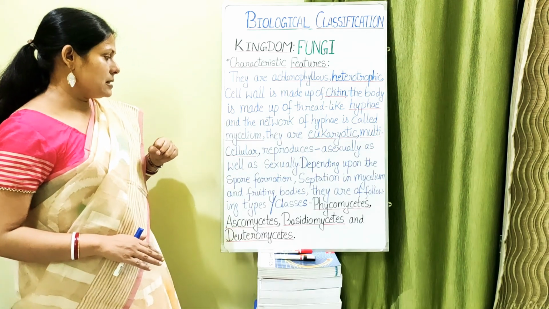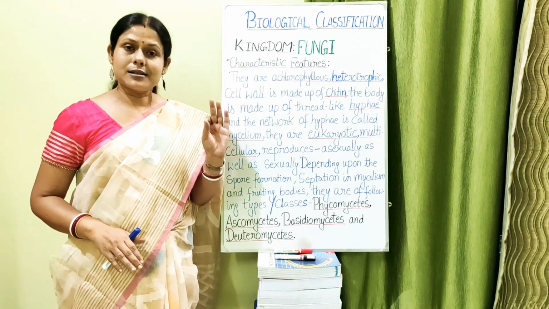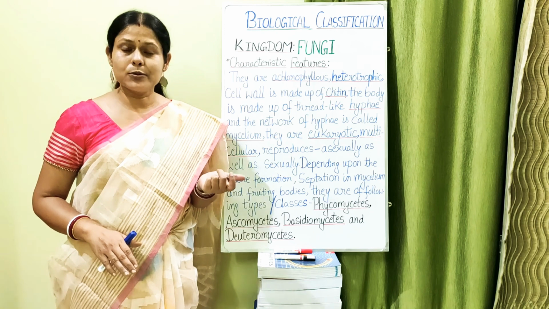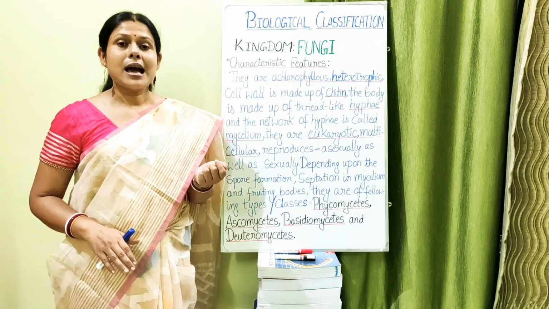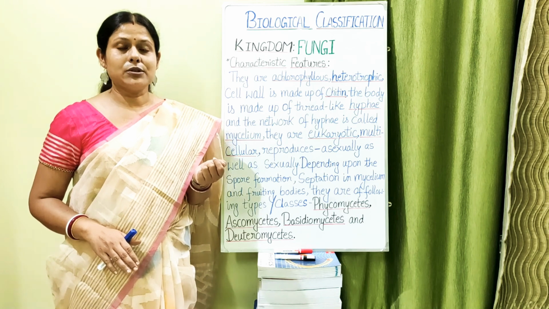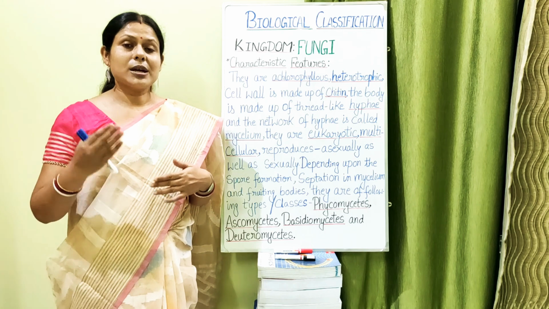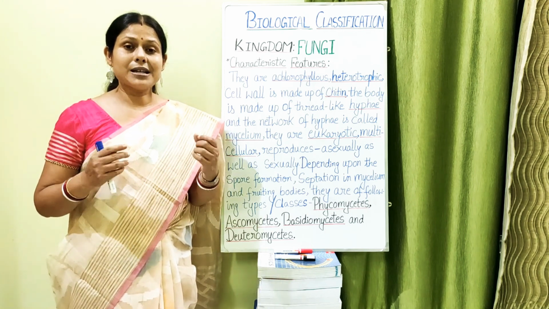Okay, next is about the reproduction. The fungus reproduces asexually by means of aplanospores, which are the non-motile spores, or by means of zoospores, which are the motile spores. And sexually also fungus reproduces. And how do they reproduce? That is a method which can be divided into three parts. The first one is called plasmogamy.